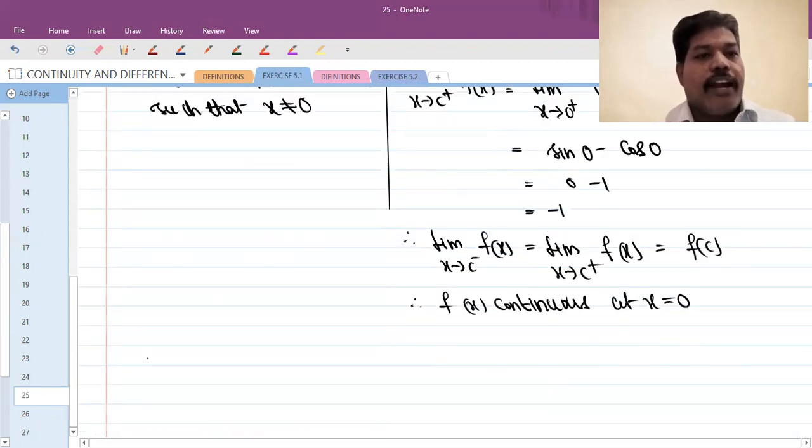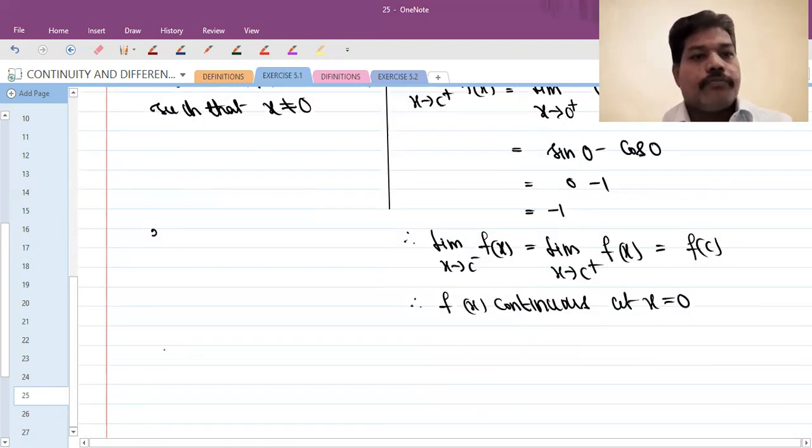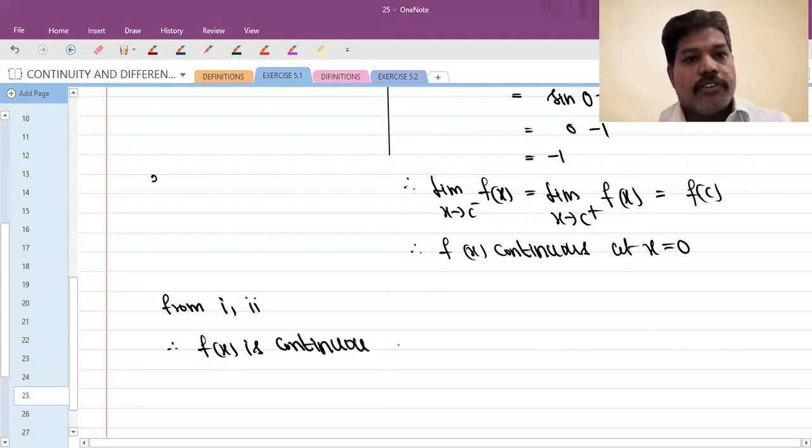From 1 and 2, at the end, we can conclude that f of x is a continuous function.